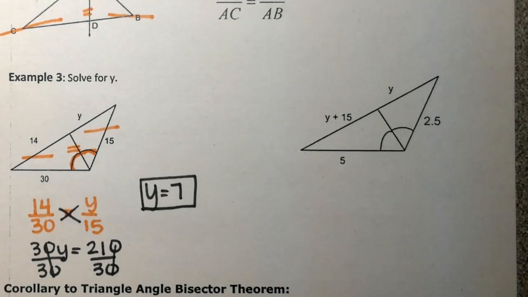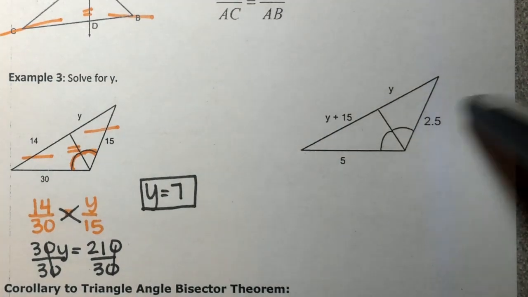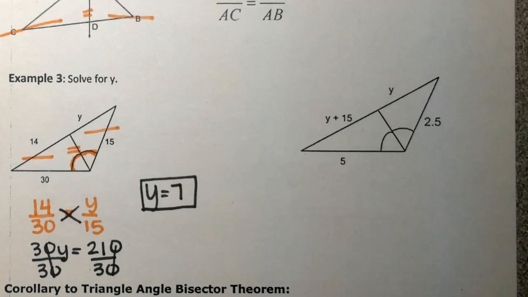I want you to set up the next one right here. Just set it up. You don't have to solve it. Set it up, please. All right, when you set this up, what did you get?